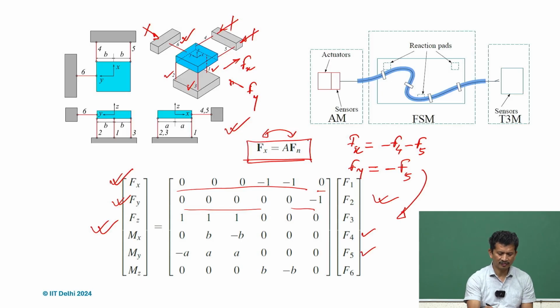Here f n is the forces measured by the load cells, and A is the matrix that arises from the geometry; according to the configuration chosen, this is what we get.